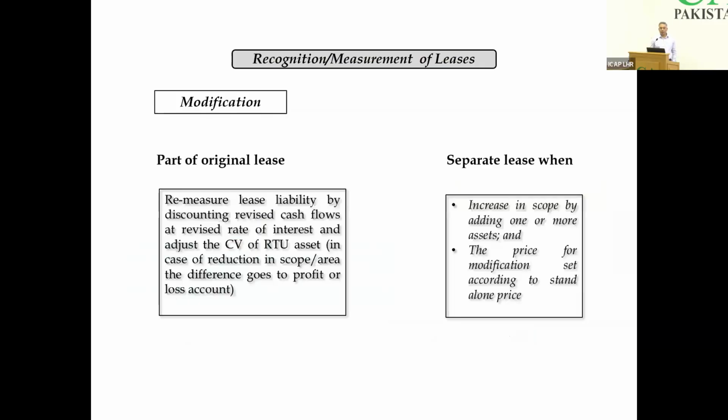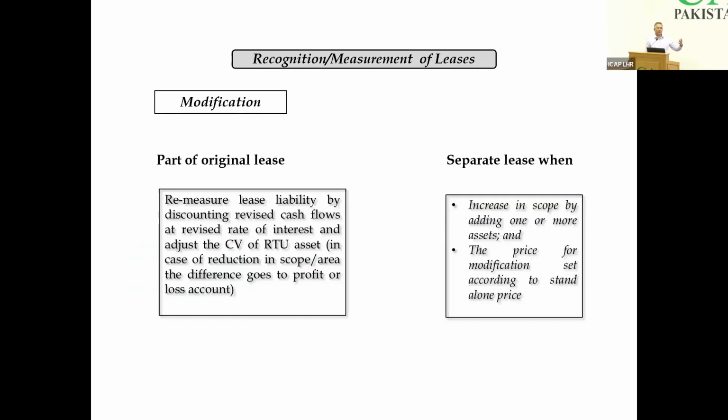Okay, what to do with the modification? If it is part of the original lease, it means you have to remeasure the lease liability, you have to address the carrying value of the right of use, you will be adjusting the value of the lease liability, you will be adjusting the value of the right of use, and some component will be going to profit or loss as well.